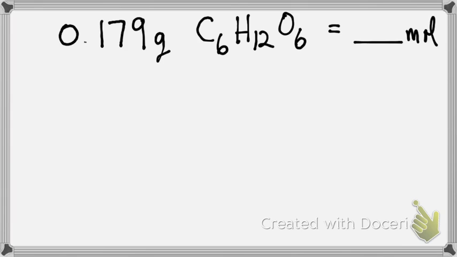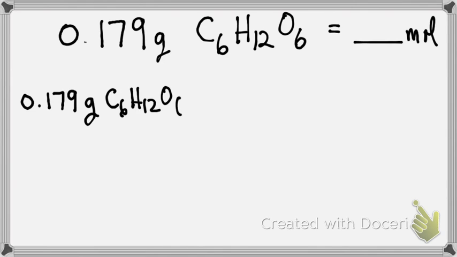So we're going to convert 0.179 grams of glucose to moles. 0.179 grams of C6H12O6.